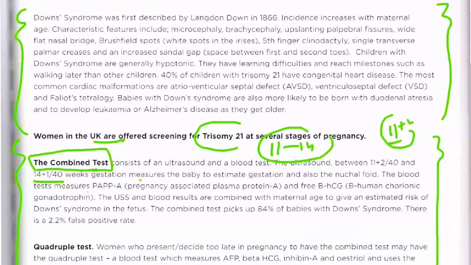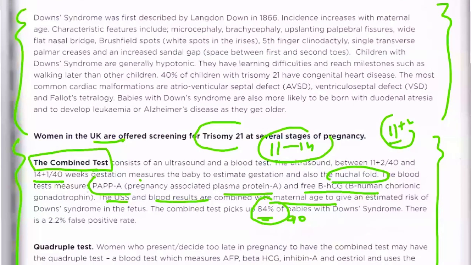Ultrasound to look for the nuchal fold of the child, and blood testing which assesses pregnancy associated plasma protein A and free beta HCG. The ultrasound and this blood test are combined with the maternal age to give an estimated risk. The combined test picks up 84% of the babies. Now see here, in the exam they may ask whether it was more than 90%. No, it is up to 84% of the cases.